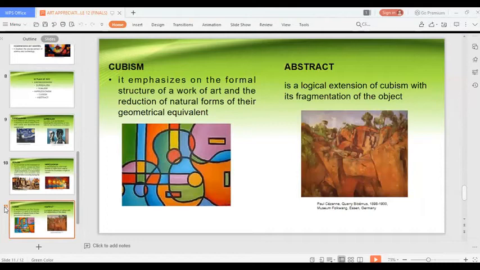Then we also have the cubism and abstract styles of art. Cubism emphasizes the formal structure of a work of art and the reduction of natural forms to their geometrical equivalent. This style of art aims to show us the possible viewpoints of a person on the object.